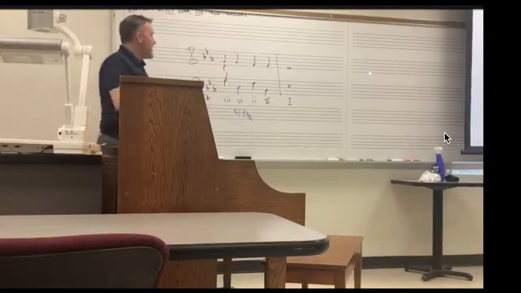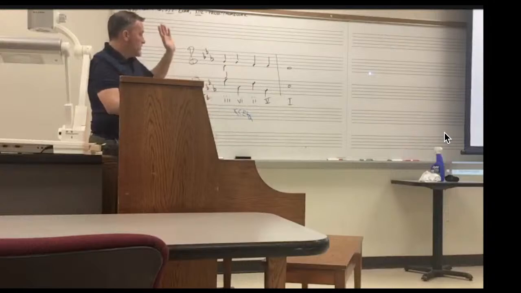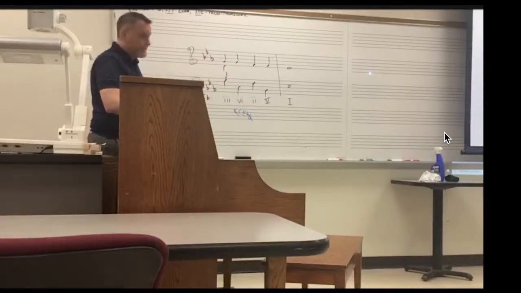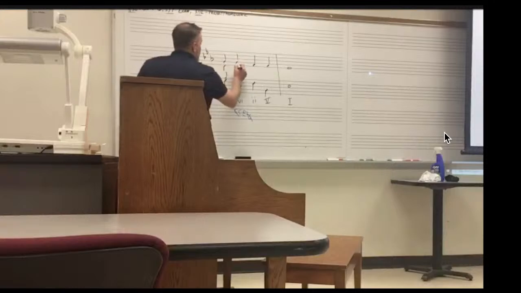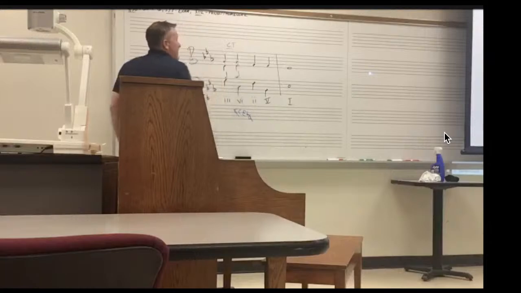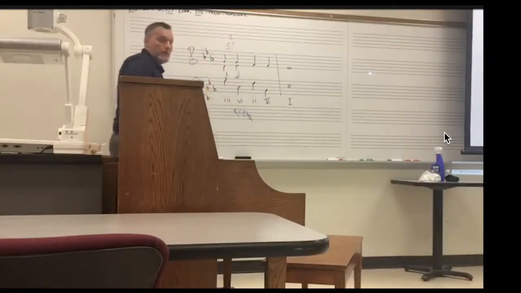You say common tone because the soprano already has it. Then the other two voices should move by step. Which direction are they moving in? Upward. So D moves up to E flat, E flat moves up to C, and we use the common tone method there. If you wrote that, it would work as well.